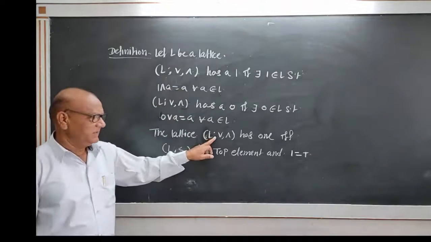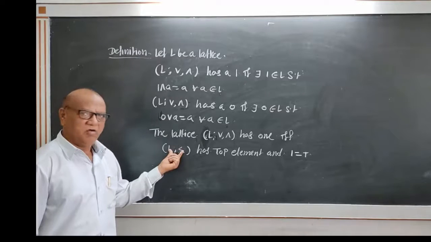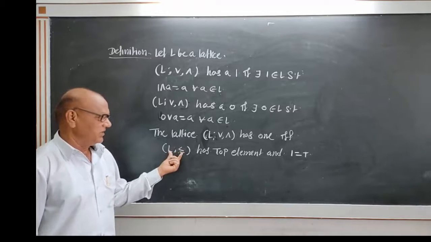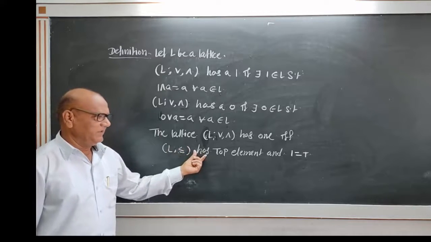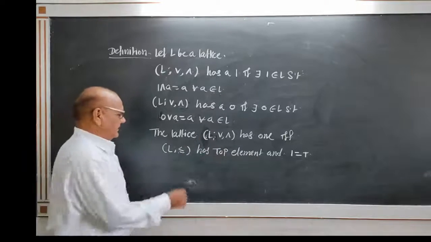Lattice has a 1 if and only if this order set, this is a poset, has a top element and this 1 is equal to the top element.